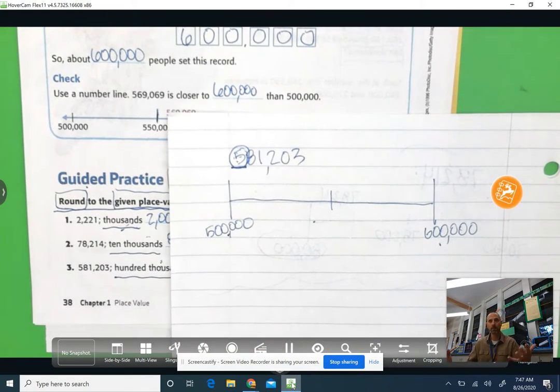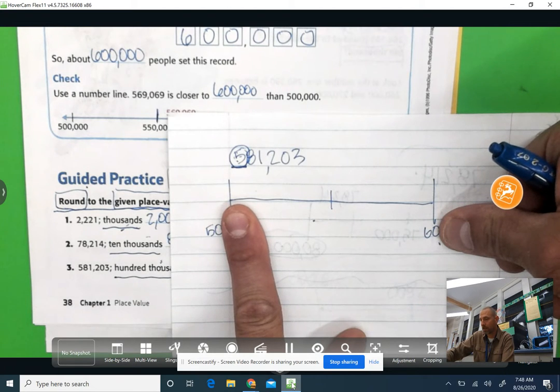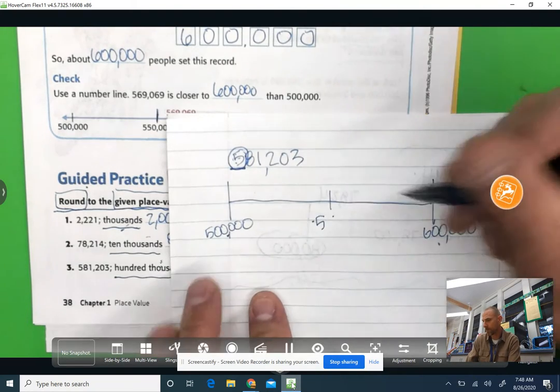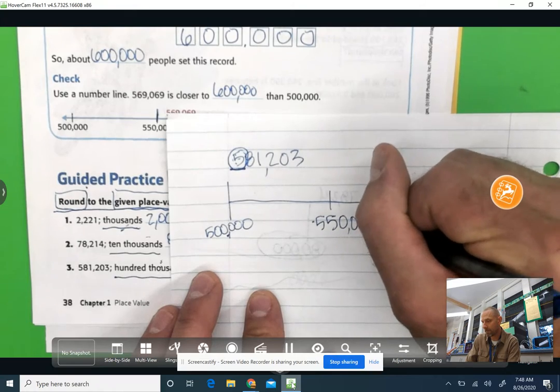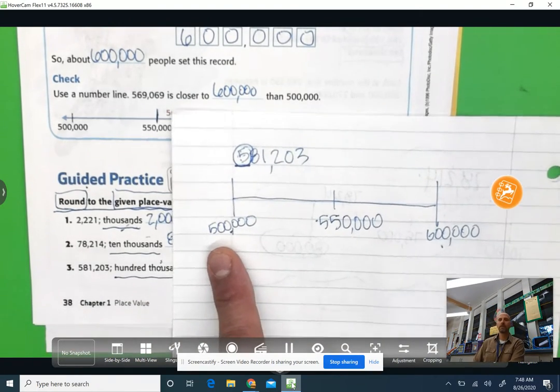What's in the middle between 500,000 and 600,000? Or what's in the middle between 50 and 60? 55. Okay. And then add our zeros. 550,000 is in the middle between 500,000 and 600,000.